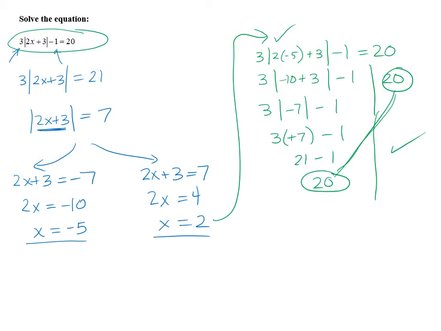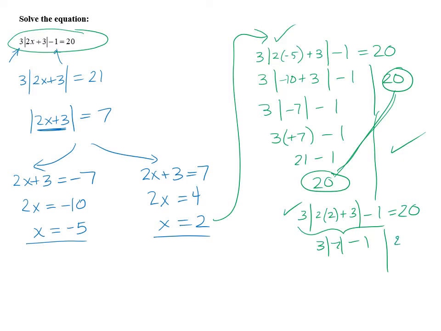So that checks. Then we can check the other value, 2. Is 3 times the absolute value of 2 times 2 plus 3, minus 1, really equal to 20? Again, check the left-hand side. I'm going to go a little faster on this one. 2 times 2 is 4, plus 3 is 7, so I have the absolute value of 7.